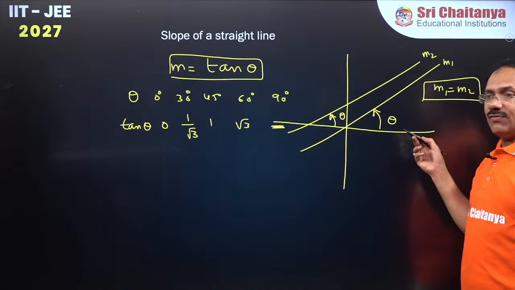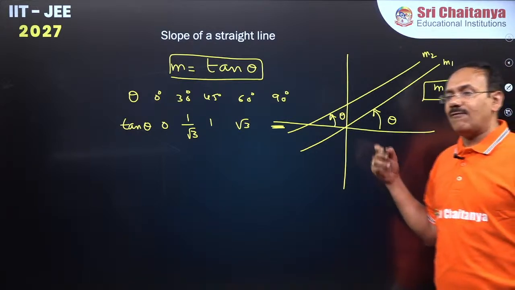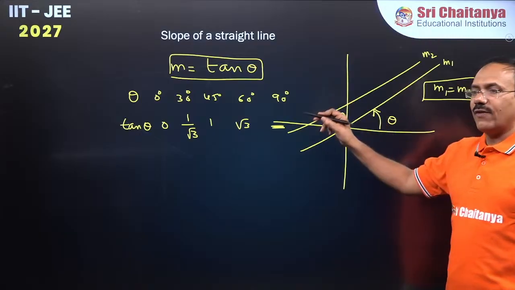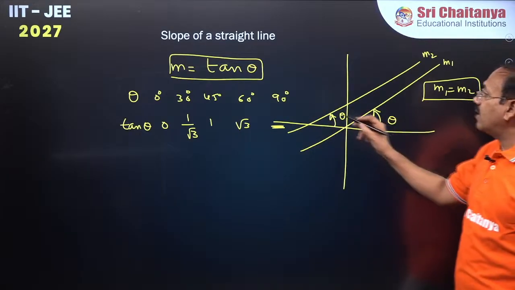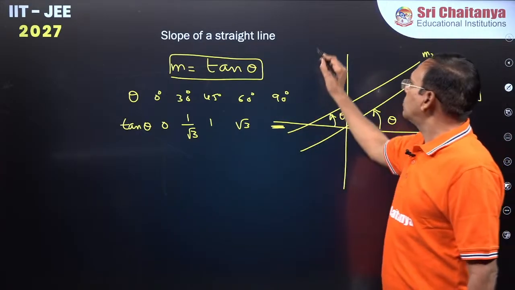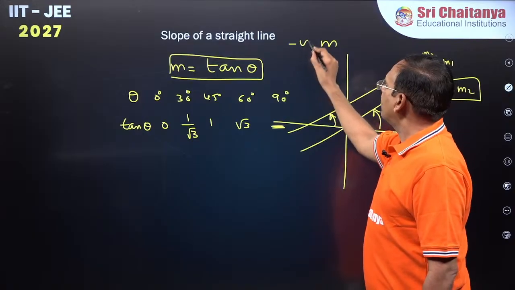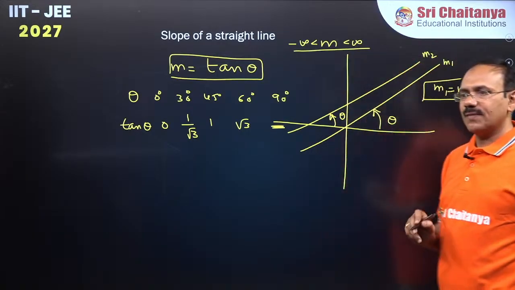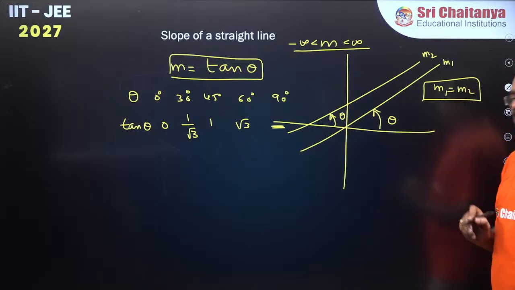If theta is 45 degrees, slope is tan 45 degrees, which is 1. Like that, you just see theta, you can find the slope. Of course, theta you know from 0 to 180, slope m can be from minus infinity to infinity, it can be any number.